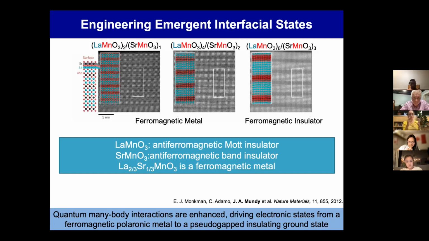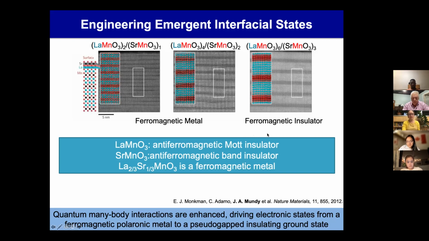So going from 4-2 to 6-3 changes it dramatically from a metal to an insulator, but it remains ferromagnetic. So it doesn't adopt either the end member compounds or the solid solution compounds, but some permutation and mixture of the middle.